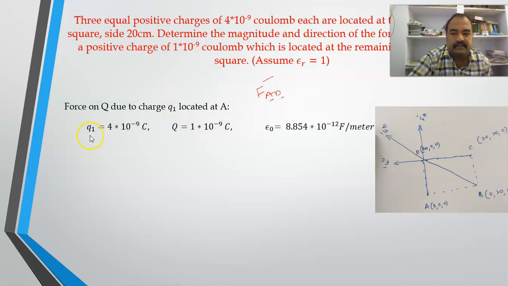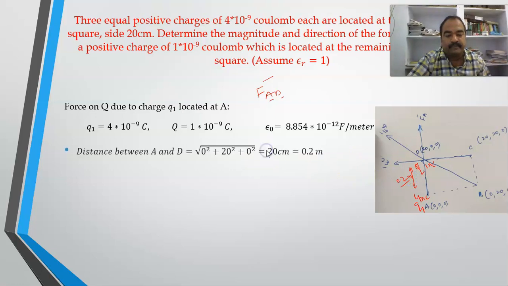This is Q1, 4 nanocoulombs, and this is the 1 nanocoulomb charge, and the distance between them is 20 centimeters, or I can take it as 0.2 meters.